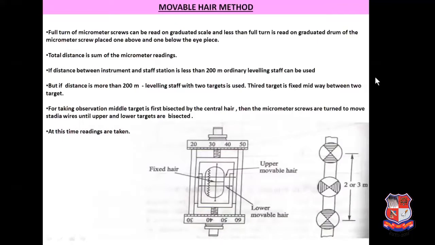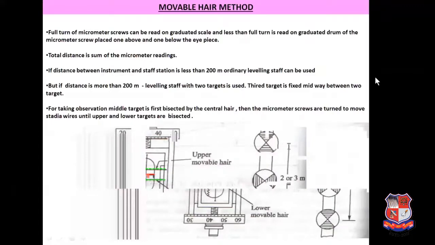A full turn of the micrometer screw can be read on a graduated scale and less than a full turn is read on the graduated drum of the micrometer screw, placed one above and one below the eyepiece. Total distance is the summation of the micrometer screw readings.